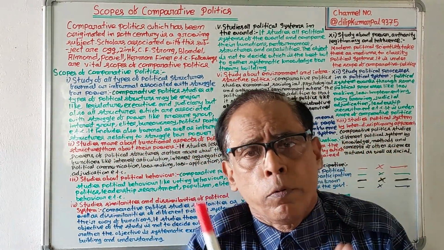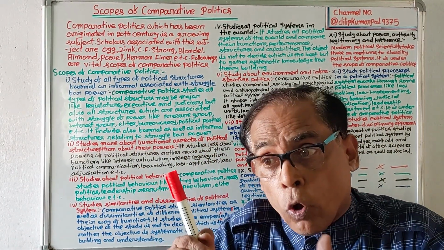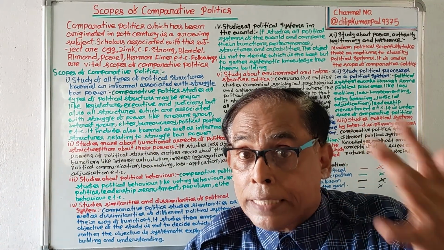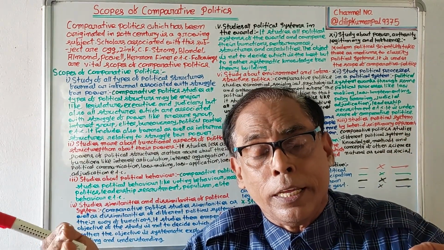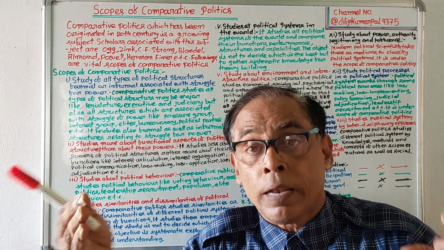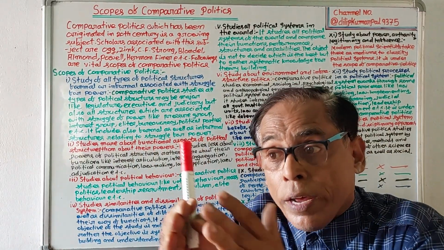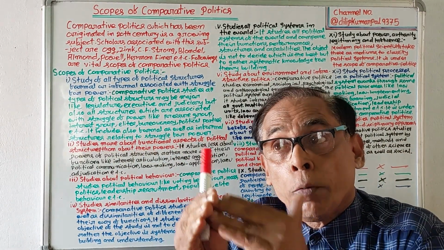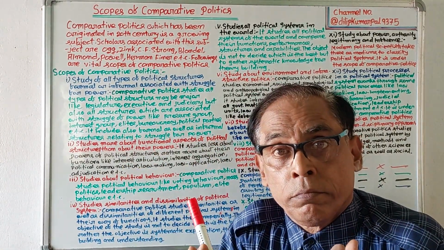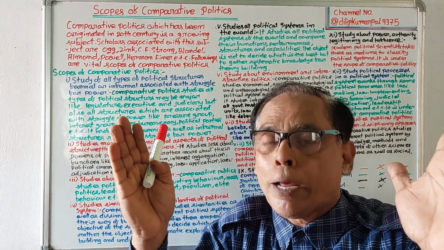So the first scope of comparative politics is that it gives ideas about all political structures, maybe major like legislature, executive, judiciary, or maybe not so important like political party, interest group, pressure group, those which are associated with the struggle for power.